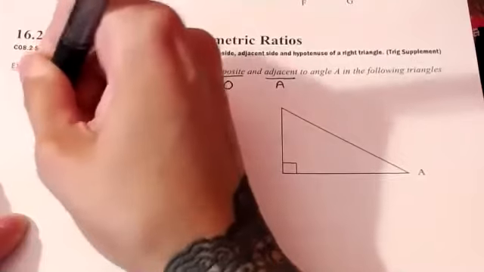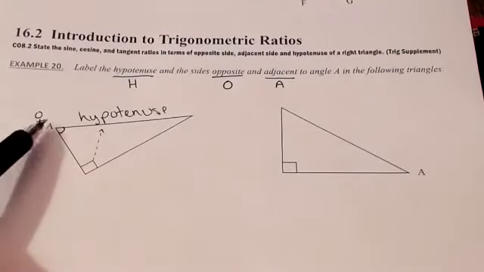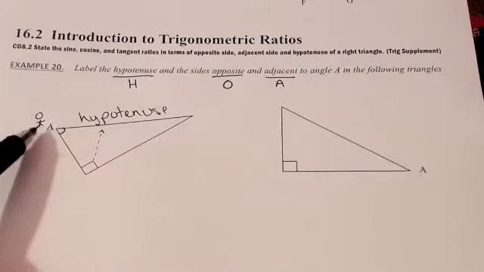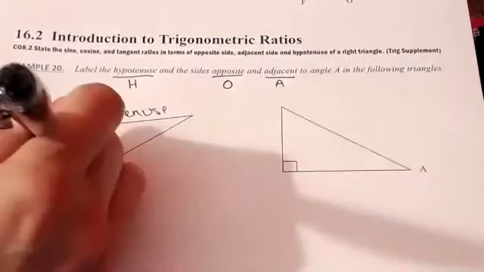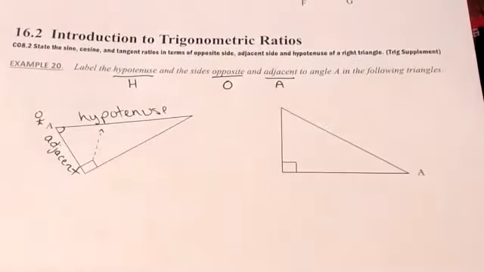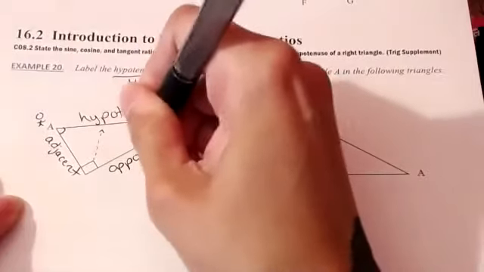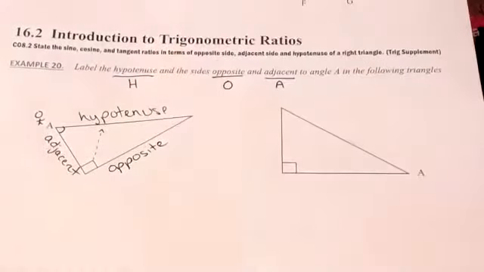So when you're standing here, I'm going to draw a stick figure, don't be upset with me for that. I'm going to draw my little person right here. If my little person is standing right here, it's reasonable to say that if this is the hypotenuse, then the side right next to this little person is adjacent because it's right next to them. And then way across the way is the opposite side.